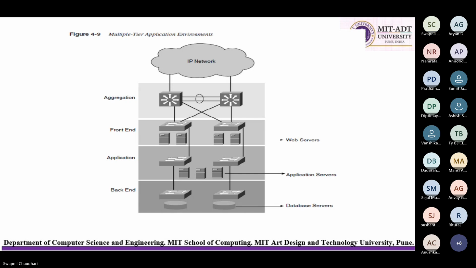Last is the backend layer, which is at the bottom. It contains the database servers, and it is mainly responsible for data storage and retrieval, for example storing user data and fetching product details. These things are performed by the backend layer, where your database servers actually are.